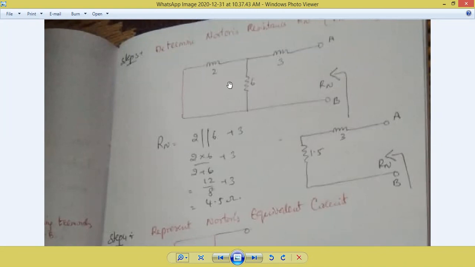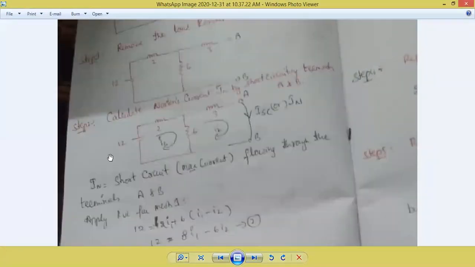One student is asking a question: can you repeat step 2, sir? Yes, one second. Step 2 is the calculation of Norton's current.